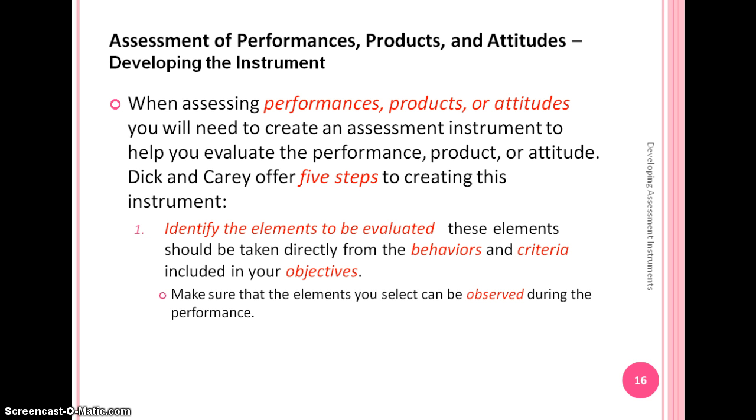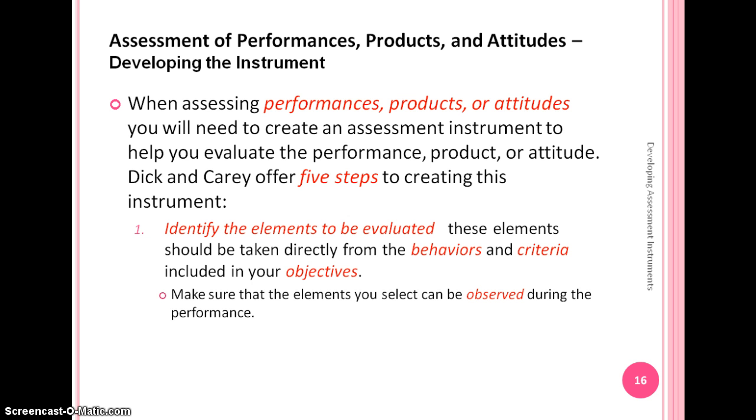Developing the instruments, Dick and Carey suggest 5 steps when assessing performances, products, or attitudes. So the first one is identify the elements to be evaluated, and they must be taken directly from the behaviors and criteria included in your objectives.